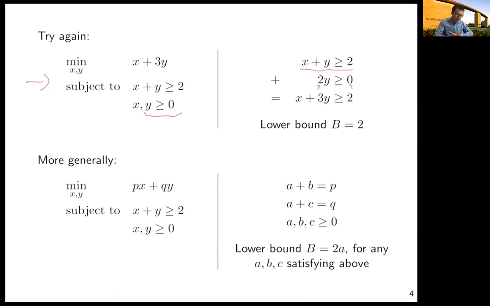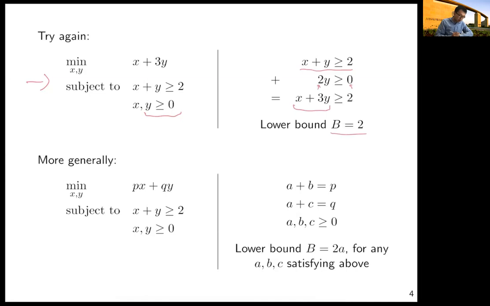And we can add them up, and that allows us to construct the exact form of the objective criteria. What this is saying is that this is larger than 2. Again, it's not difficult to check that this is also attained by specific choices of a pair of x, y. Therefore, this lower bound b equals 2 is also tight.